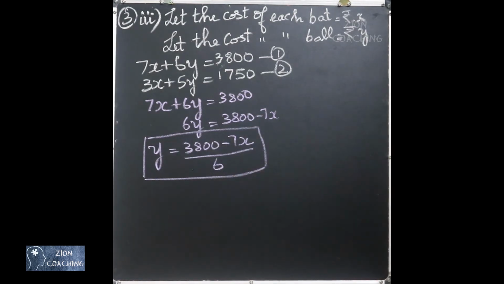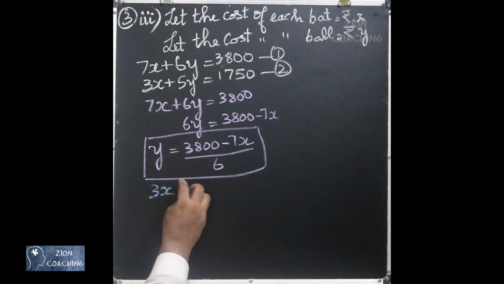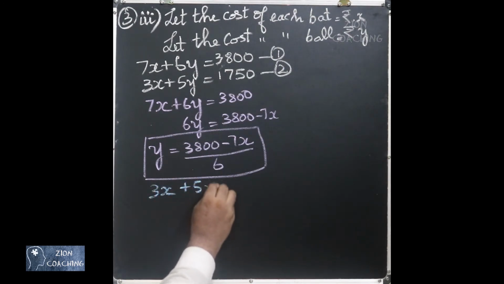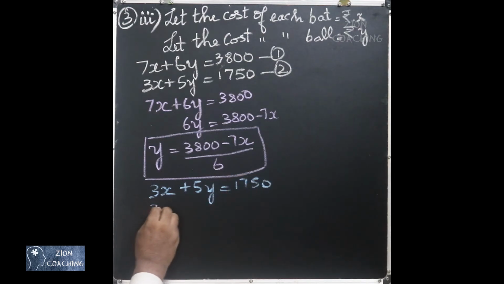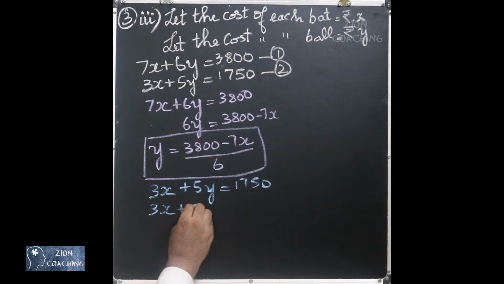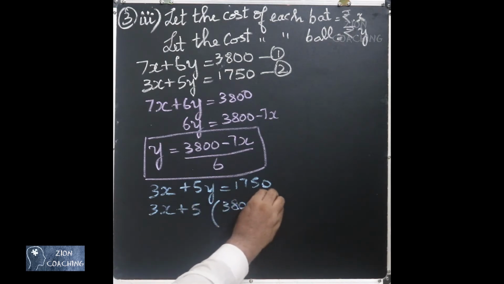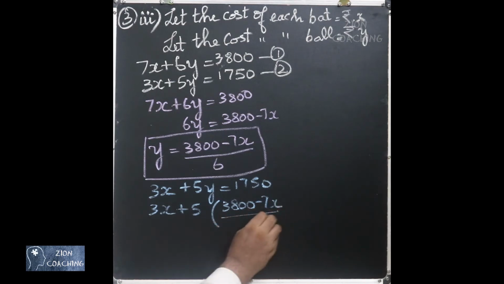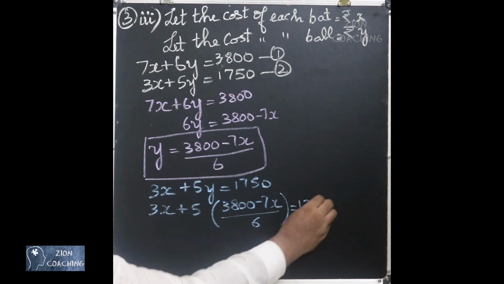Second equation we have 3x plus 5y equal to 1750. We have 3x plus 5 into (3800 minus 7x) divided by 6 equal to 1750.